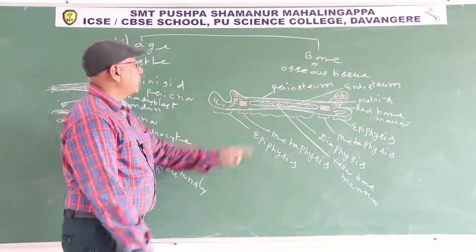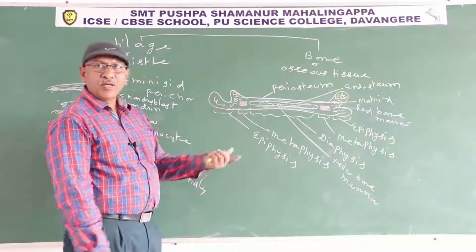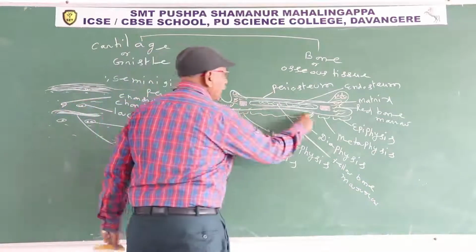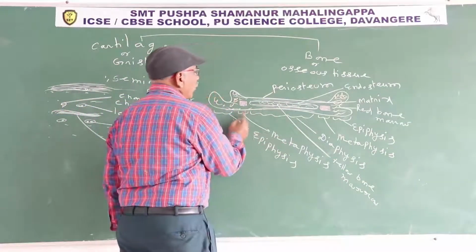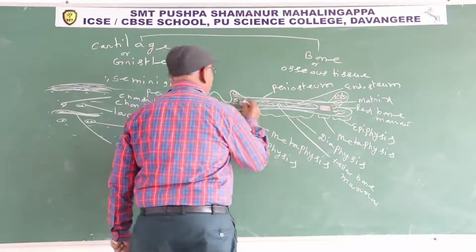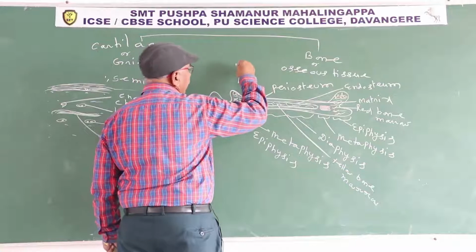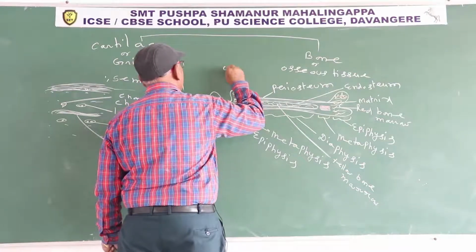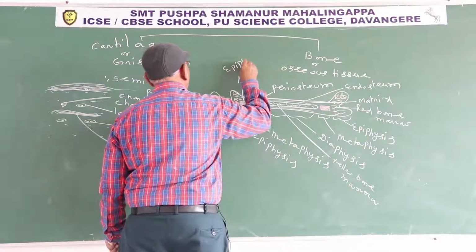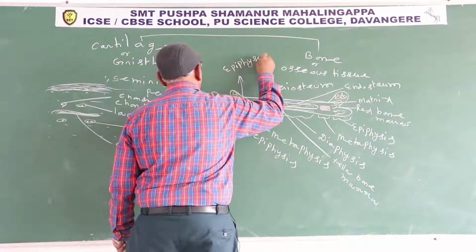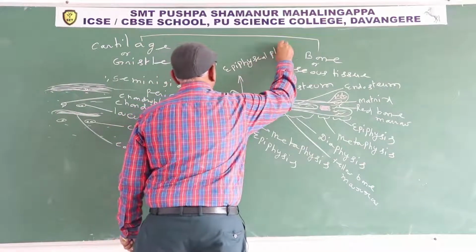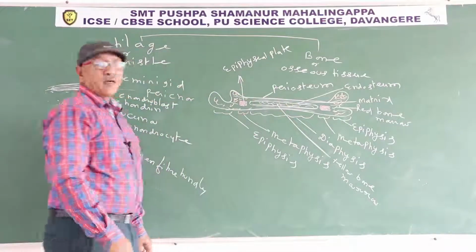What is epiphysis? Ends of the long bone are epiphysis. Middle part is diaphysis. What is metaphysis? The part of the bone containing the epiphyseal plate is known as metaphysis.